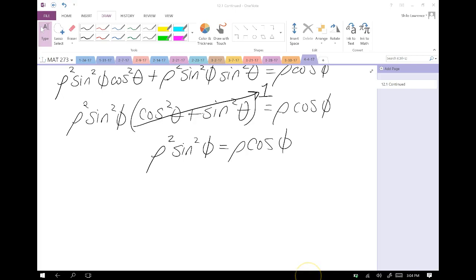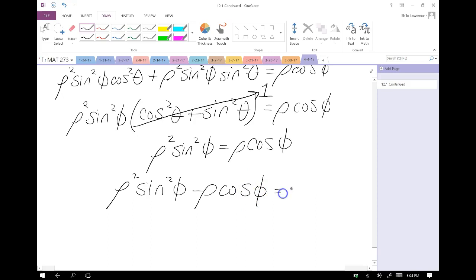To be 100% mathematically accurate, in terms of rho, this is technically a quadratic equation.